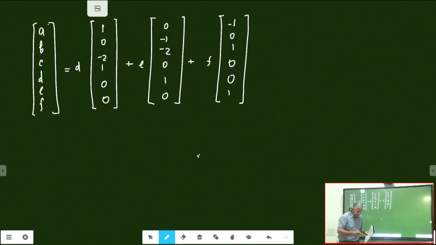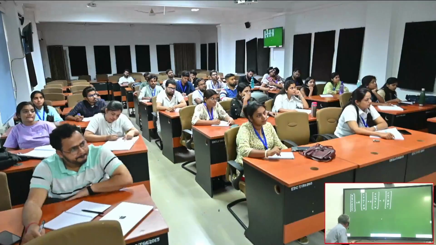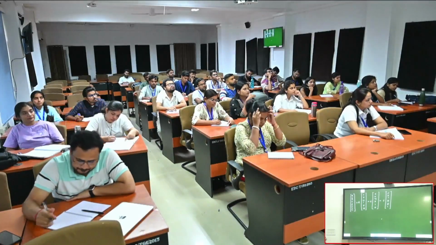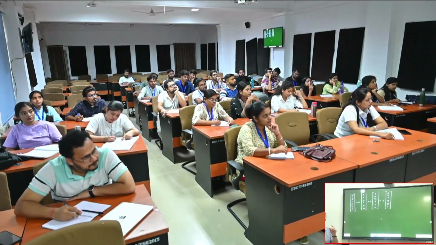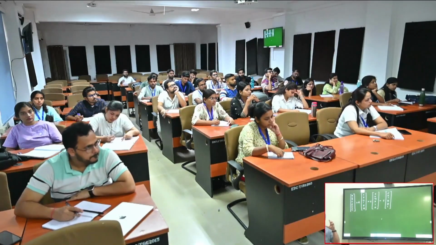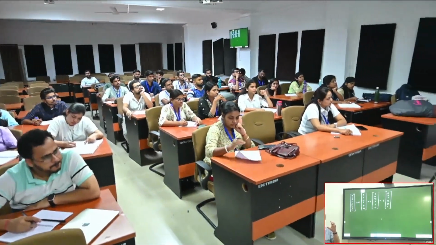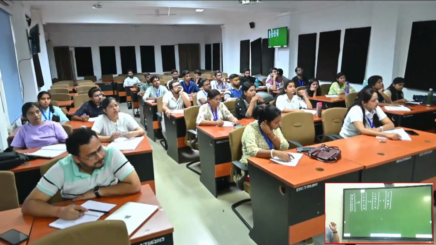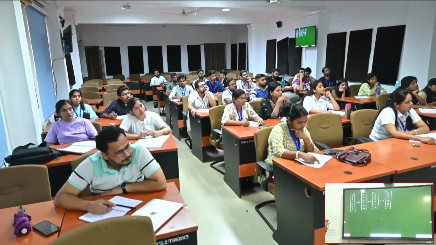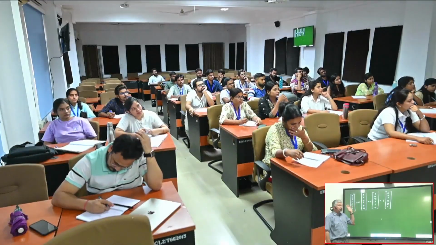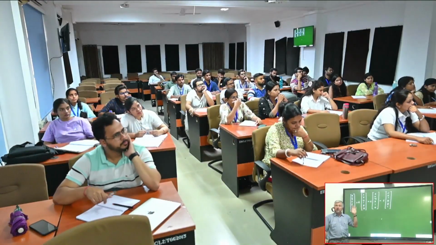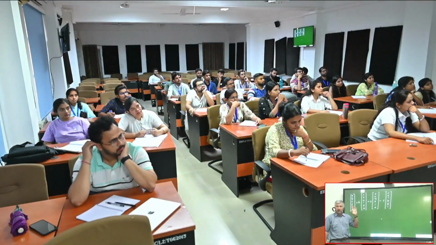So a few observations. Observation number 1. That was a matrix 3 by 6. We had 6 unknowns, but the largest number of equations was 3. So therefore, we were only able to solve for 3 unknowns, and the remaining 3 had to be declared as parameters.